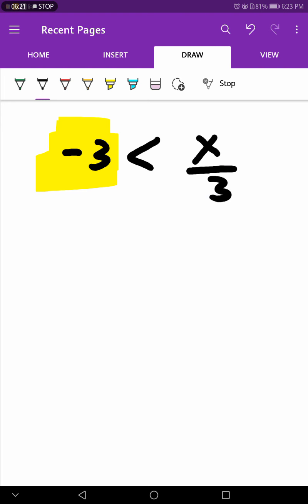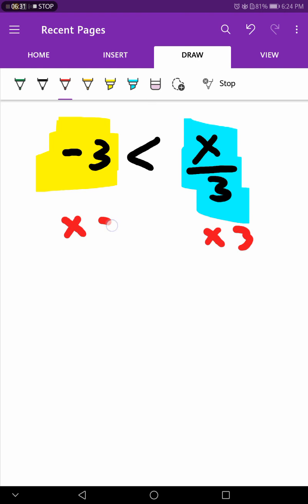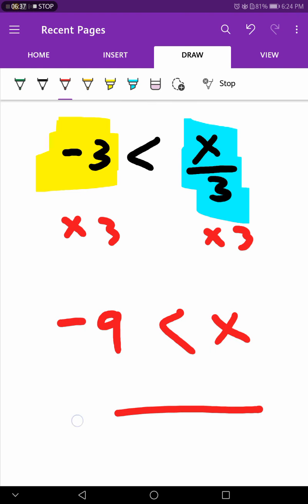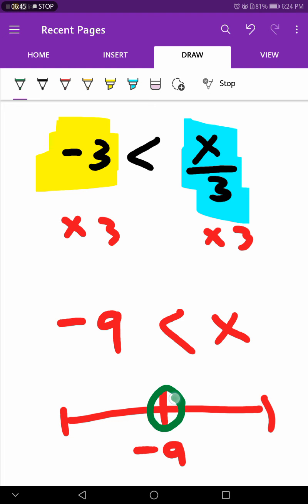Correct. Now we multiply by 3, x comes down happy and alone, and here negative 9, and we do the same thing. So x is greater than, so it is to the right. Okay, I will not continue on this question.